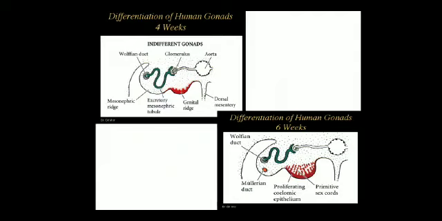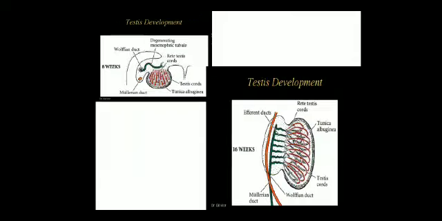Next we'll see the ovarian differentiation. In a genetic female, how does the bipotential gonad differentiate? By about the 10th week of gestation, so this is what I mentioned previously.